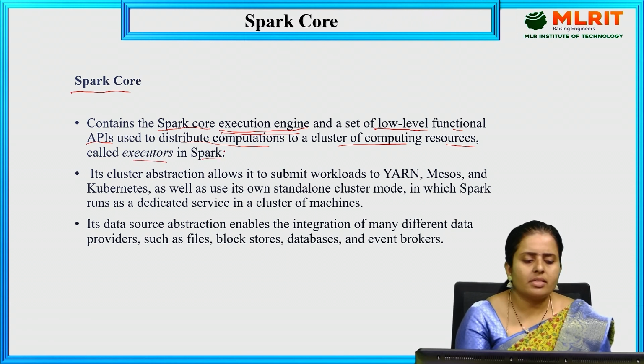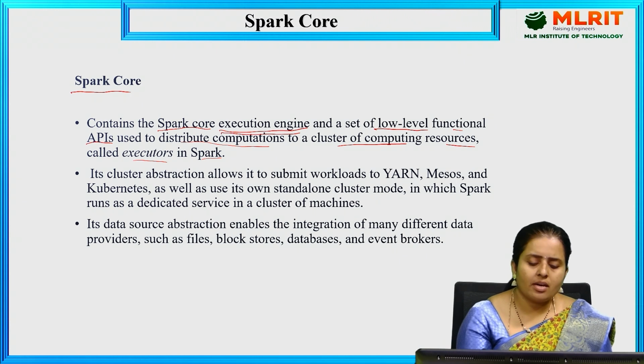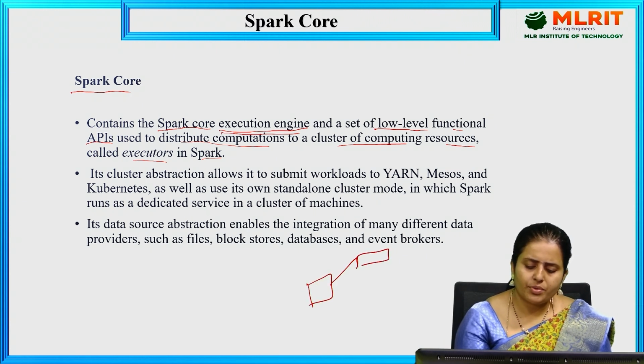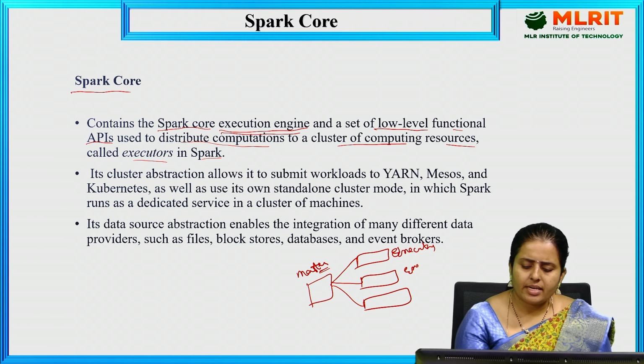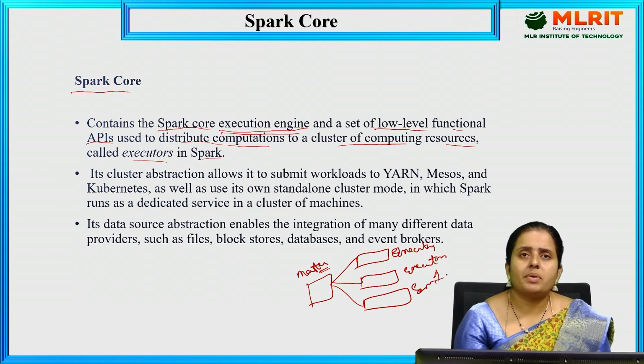So Spark Core works as distributed computing, distributing the work among multiple cluster machines, as I told you in the previous lectures. There is a master, and the other machines we can call executor machines. Each executor machine works in parallel, in a distributed manner, to complete the tasks.